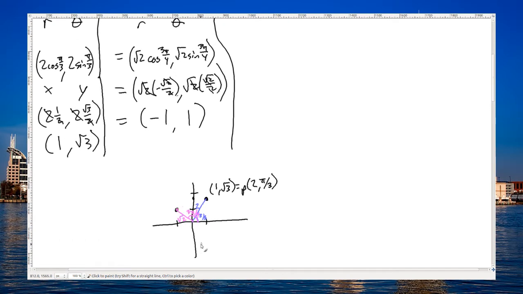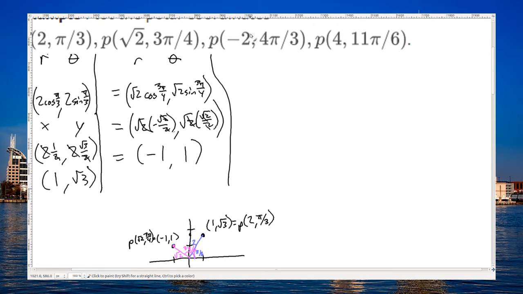That would get us this exact same point right here. So the point negative 1, positive 1, left 1, up 1, is the same as the polar coordinate root 2, 3 pi over 4.